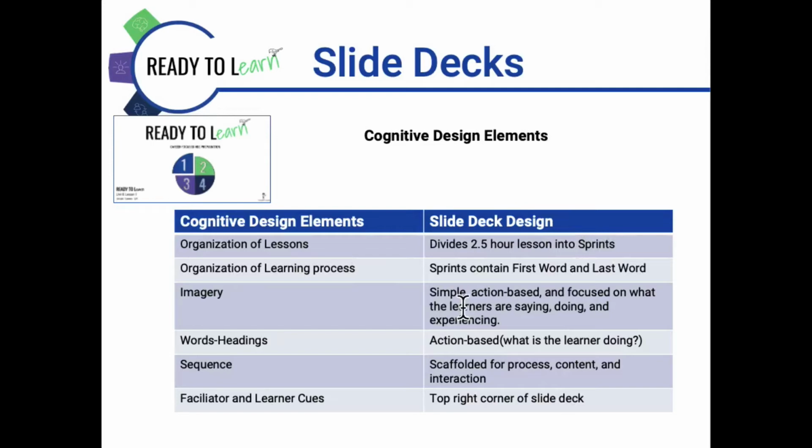It simplifies and uses cues to help teachers and learners navigate their experience. Everything is action-based. Here's what we're going to see, say, and do. And everything is scaffolded in a sequence. And it uses cues along the way to help the learner and the teacher navigate the experience.